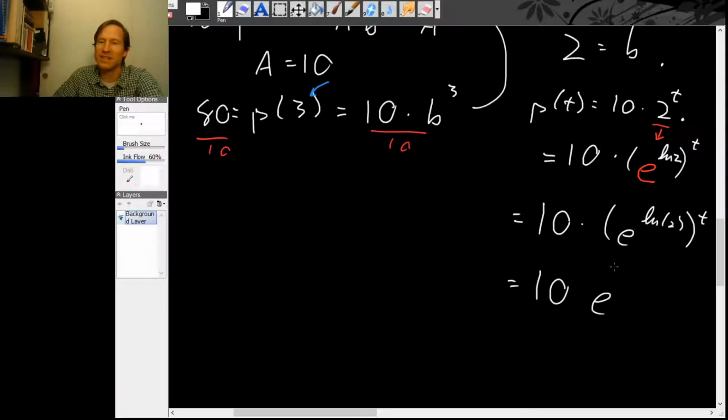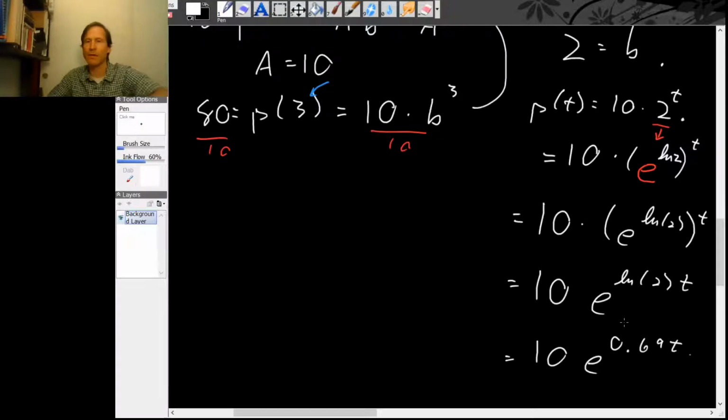So this is e to the natural log 2 times t. If you want to, you can grab a calculator to calculate natural log 2. It's about 0.69. And so 10 times 2 to the t is actually the same thing as 10 times e to the 0.69 times t.